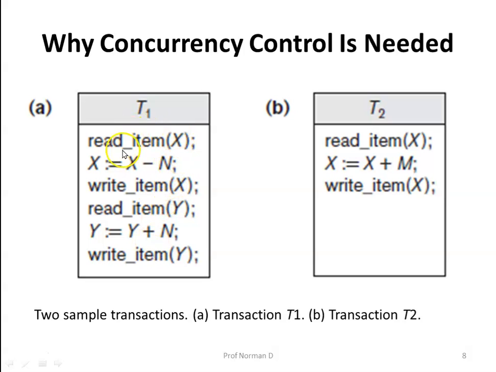So transaction T1 is transferring n reserved seats from X to Y, and simultaneously transaction T2 is also updating the value of X. So we'll see how these transactions can be interleaved, why concurrency control is needed, and what care we require to take while interleaving these transactions.